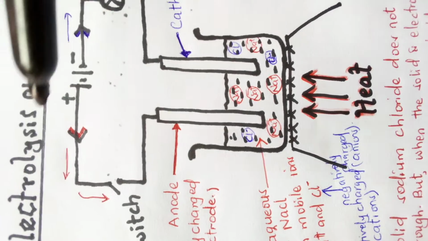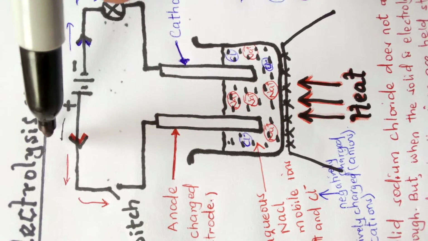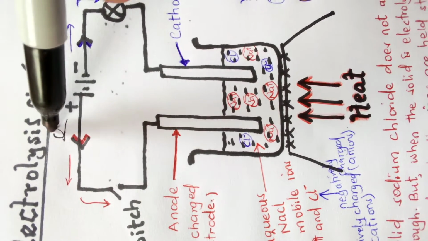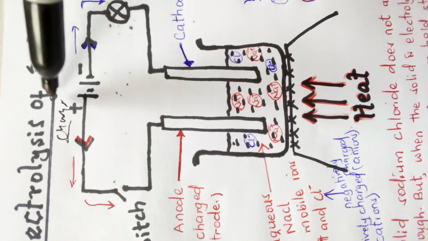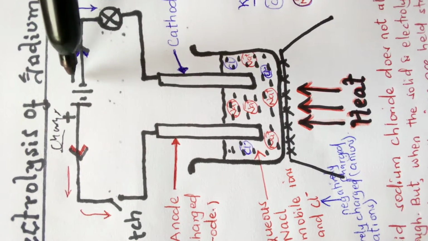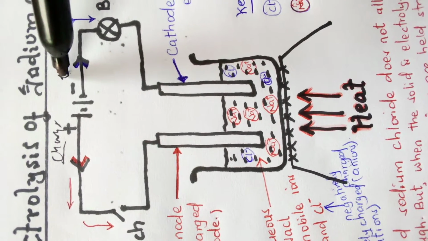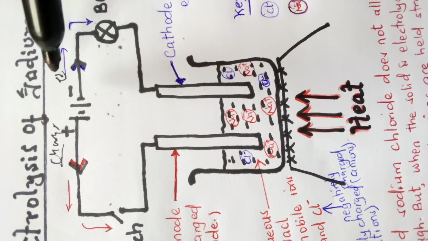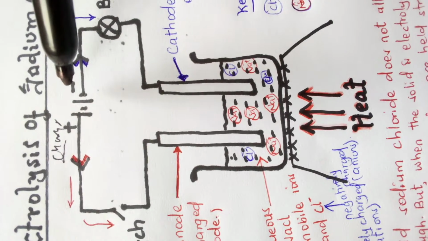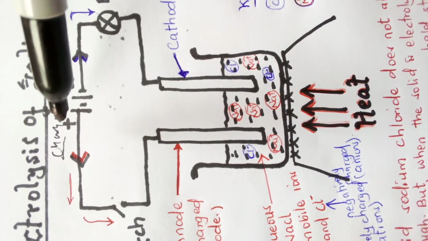This is the positive terminal of the battery. This shows the movement of charges. This is the negative part, and we have the direction of electrons. Electrons move from the negative terminal of the battery, while the charges move from the positive part of the battery.